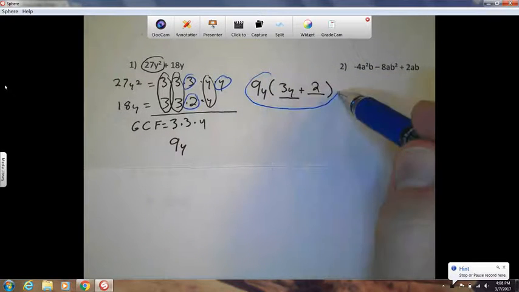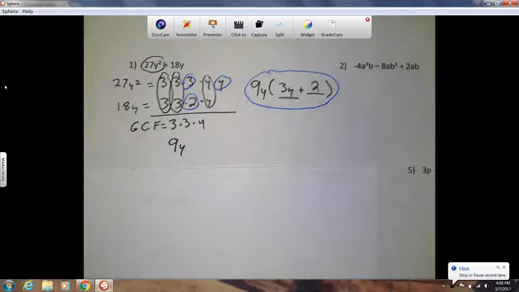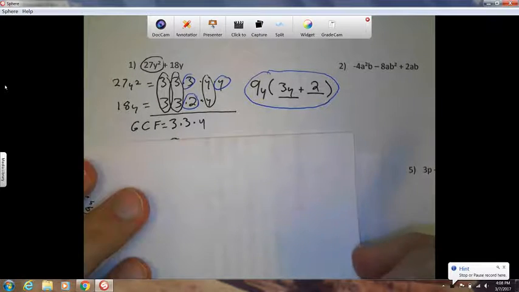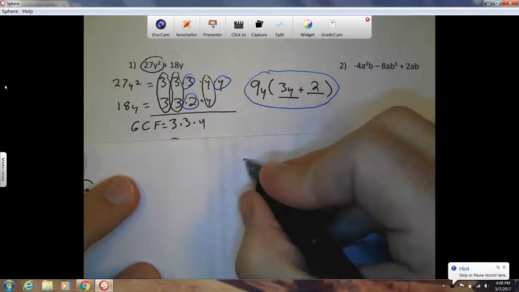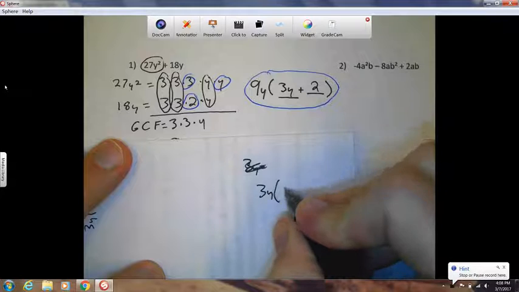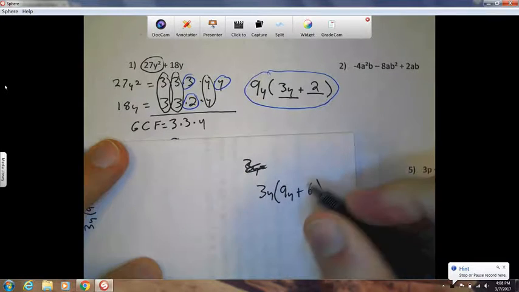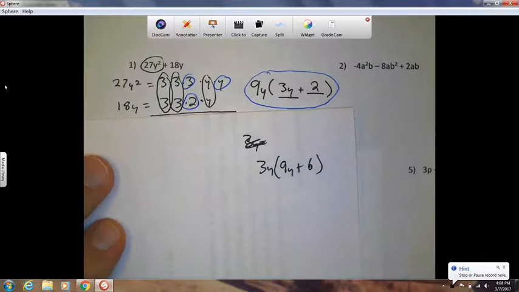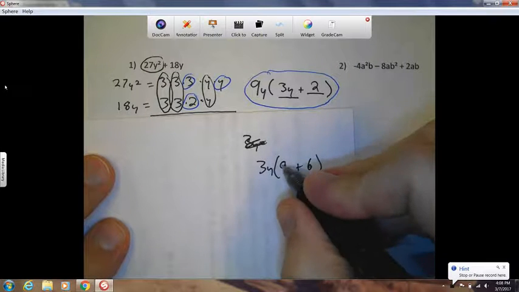Now always double check to make sure that you have completely factored it. Let me give you an example of one time you might tell that you haven't, if you happen to see this. Okay, so if I look at this, 3y multiplied by 9y plus 6.